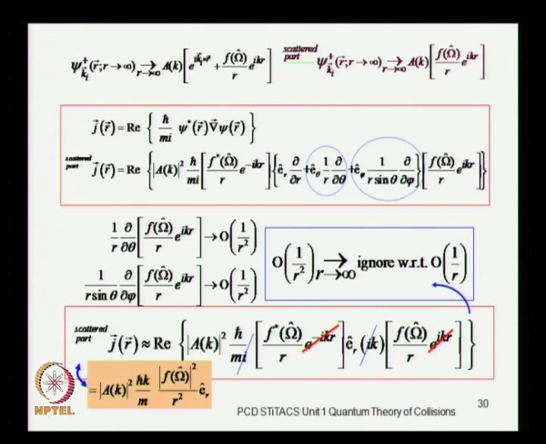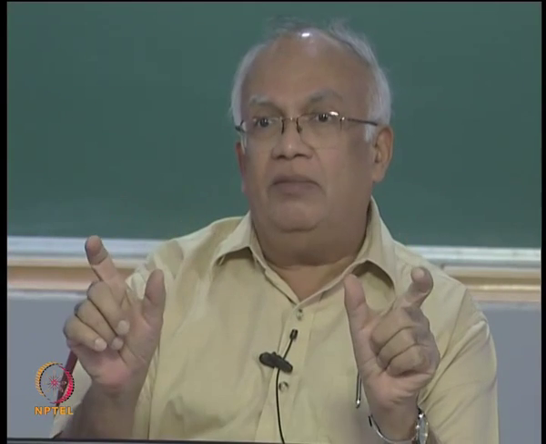1 over r square you ignore when it comes as an additive term with 1 over r. If there are two terms, one of which is 1 over r, the other is 1 over r square, and they are added to each other, then you throw the 1 over r square with reference to 1 over r. If 1 over r square is all that is there to it, you cannot throw it.